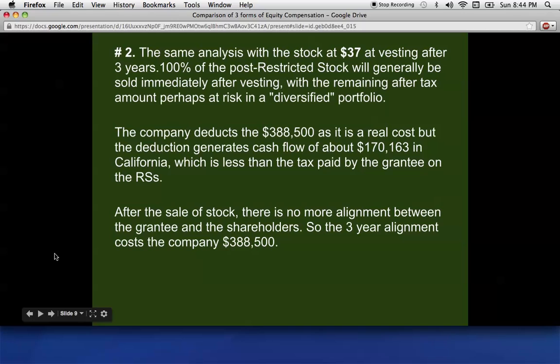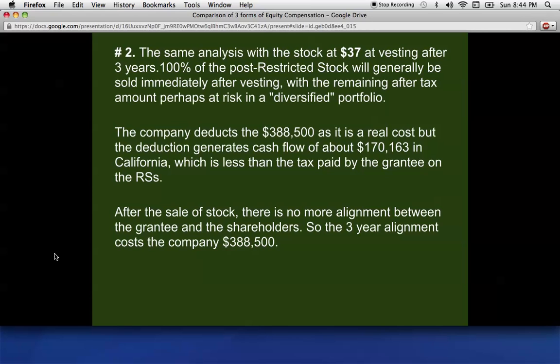The same analysis with the stock at 37 instead of 27 at vesting after 3 years follows. 100% of the post-restricted stock will generally be sold immediately after vesting, with the remaining after-tax amount perhaps at risk in a diversified portfolio.